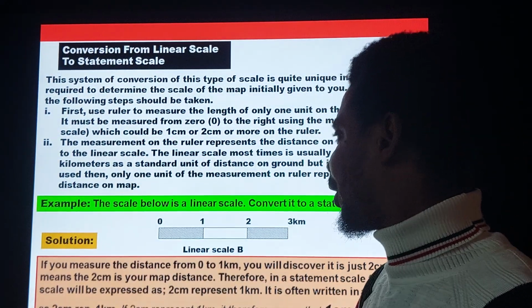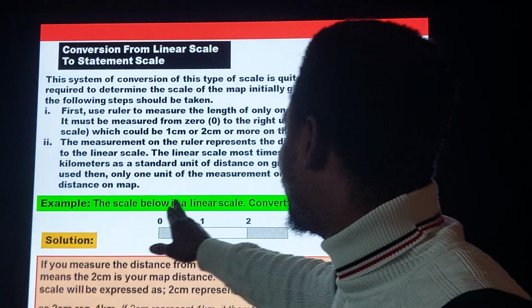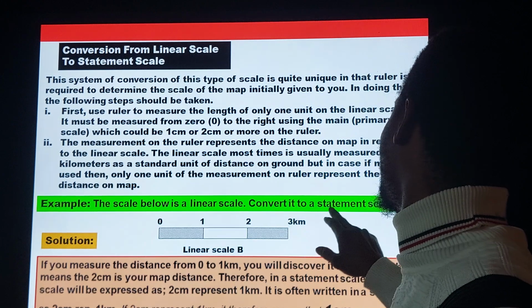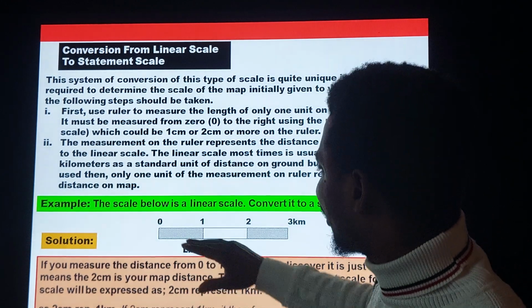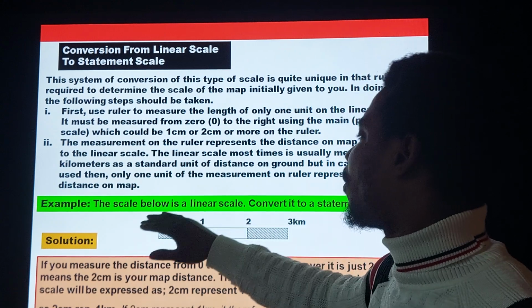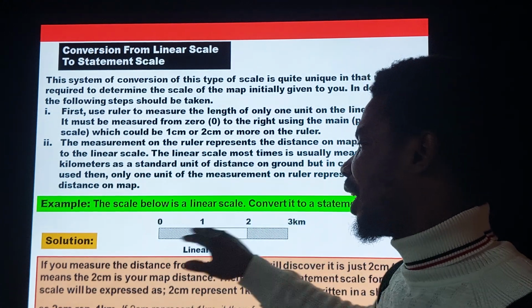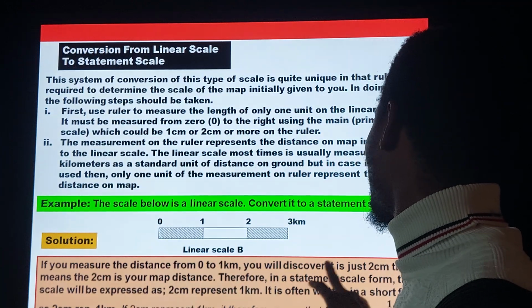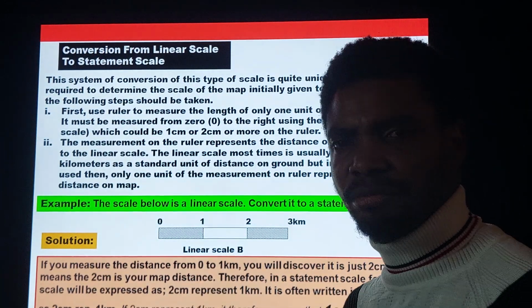Now, look at this. If the scale below is a linear scale, convert it to a statement scale. If you measure the distance from 0 to 1 kilometer, you will discover it is just 2 centimeters.